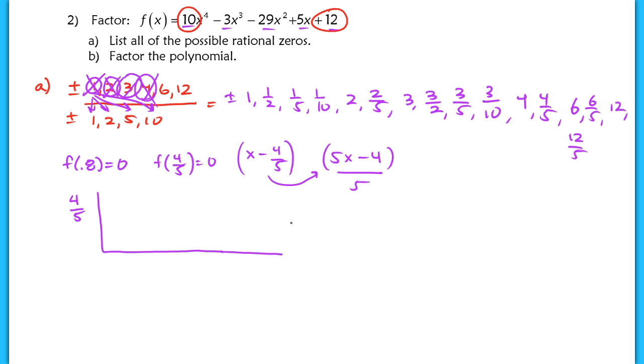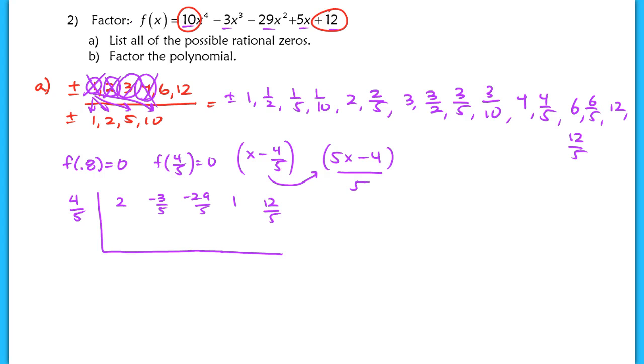So that's just an application now of when we discussed synthetic division prior to this in that other lesson. So if you need a refresher on that, make sure you watch synthetic division again. So anyhow, I take my coefficients and I divide them all by 5. So I have 2, negative 3/5, negative 29/5, 1, and 12/5. So again, I'm just dividing each of these numbers here by 5.